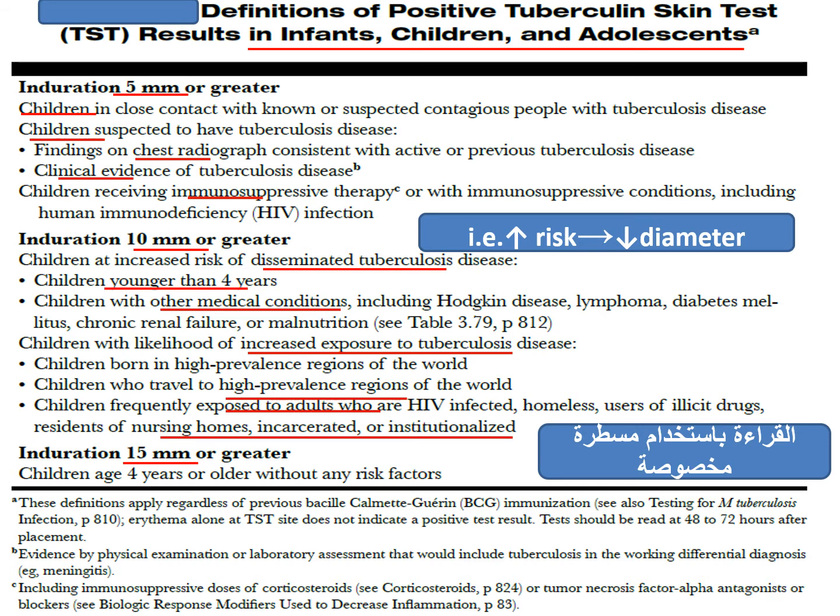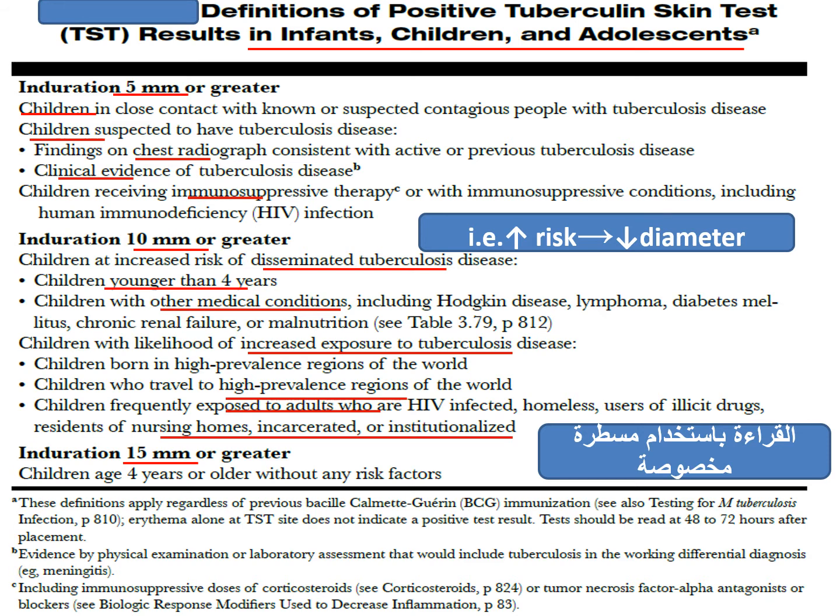Induration of 15 mm or greater for children more than 4 years without any risk factors, and adults. Induration of 10 mm or greater: children with increased risk of disseminated tuberculosis and children with likelihood of increased exposure to tuberculosis.